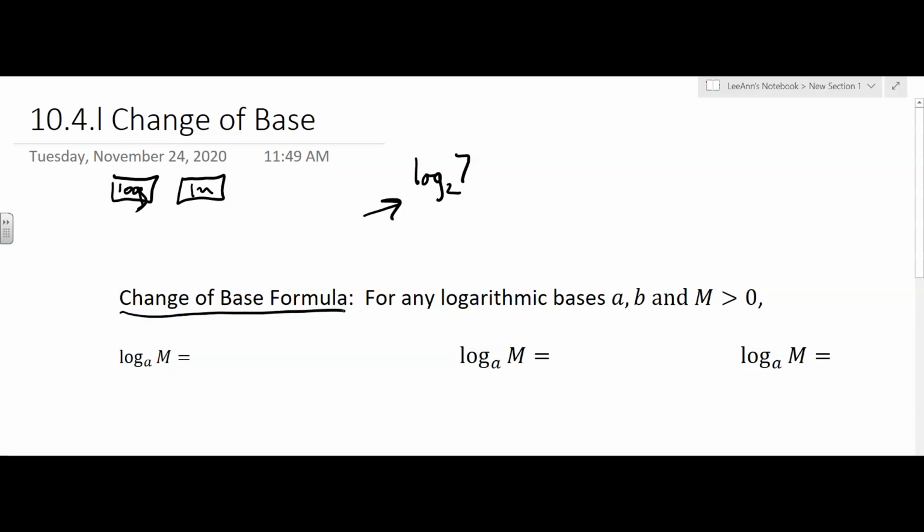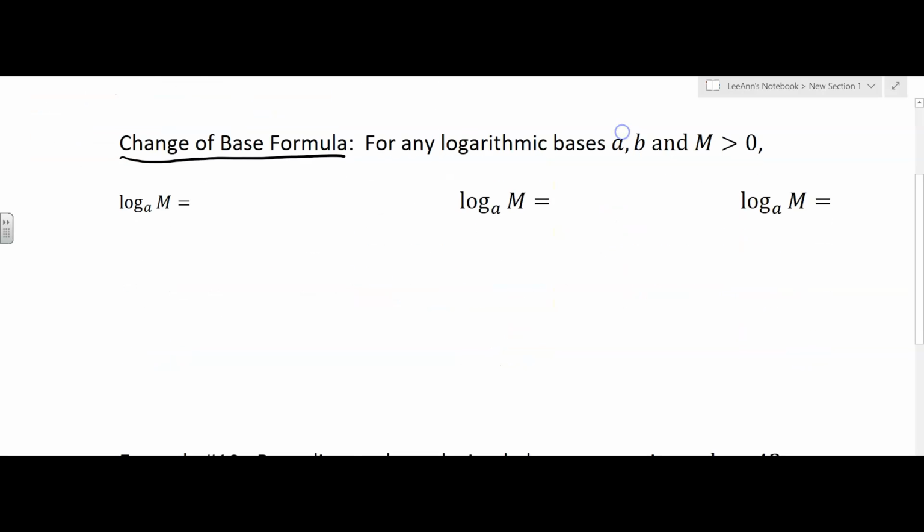Okay, so what we use is the change of base property or the change of base formula. The formula says, for any logarithmic bases a, b, and m greater than 0, log base a of m is equal to log base b of m over log base b of a.